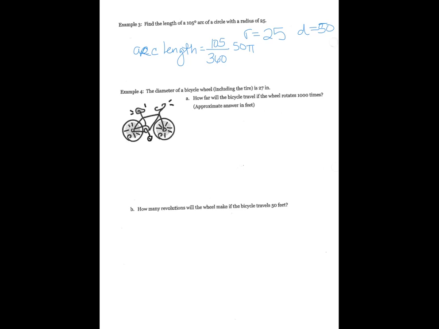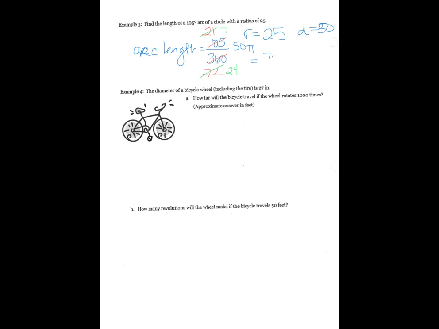105 and 360 can actually be simplified to 21 over 72. So if we multiply that across, well, before we even do that, we can still simplify it even more. So 3 goes into both 21 and 72. So let's simplify this now to 7, and this goes to 24. All right, so it's getting a little messy, so let's multiply across.